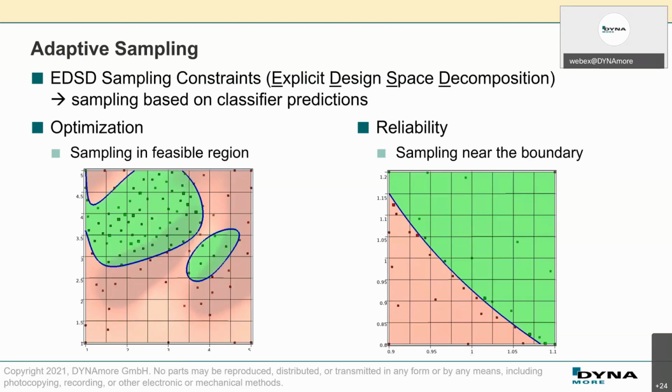It's also possible to only use a few points using the explicit design space decomposition. So you can decide, for example, to sample, let's say, every second point in the feasible region or near the boundary, and all the other points in the rest of the design space.